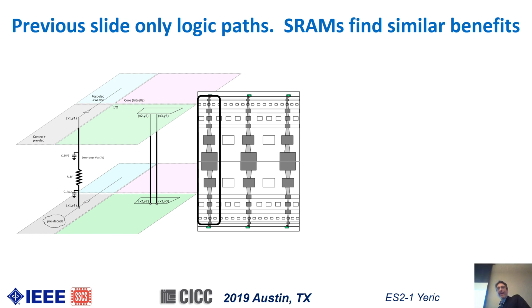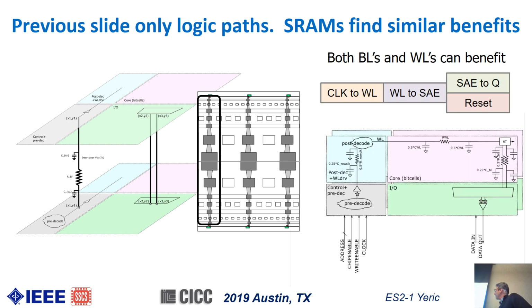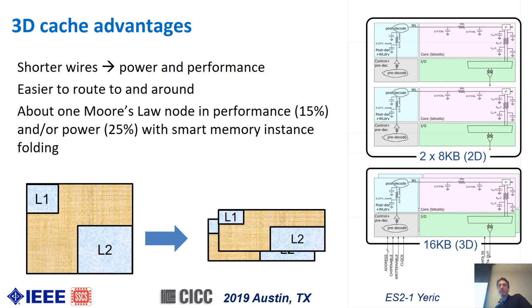So when you analyze the paths of these larger memory instances, you get the same kind of improvements, much more than 10% in terms of frequency by just stacking them in 2 tiers. And then at the system level, you've collapsed these memories into half their size, and routing around them is always a problem at the SoC level, and you've erased that barrier.